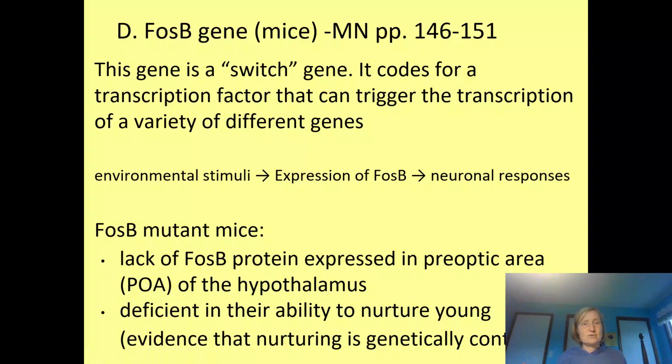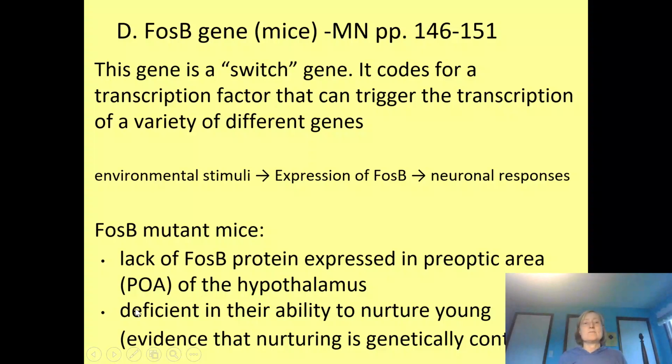A part of the brain that's involved in regulating everything from appetite to addiction to sleep to libido, or interest in sex, all sorts of things. And the mutant mice are missing the protein that's normally expressed in the preoptic area of the hypothalamus.